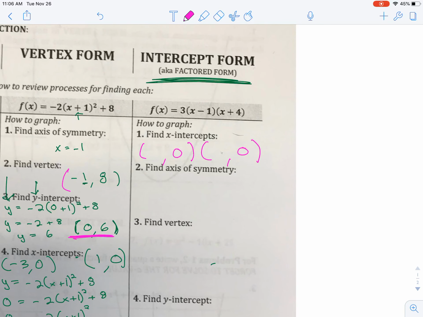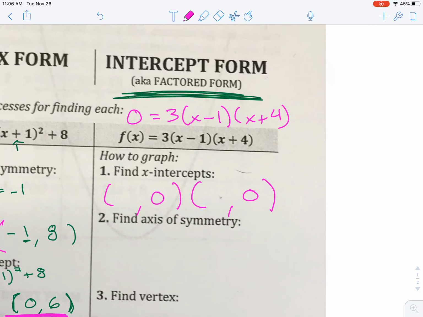Okay, so if I have 0 equals 3, x minus 1, x plus 4, I'm just like, okay, what can I put here for x that'll give me 0? And that would be negative 4. Because if I put negative 4 right here, negative 4 plus 4 is 0. And that would give me 0.